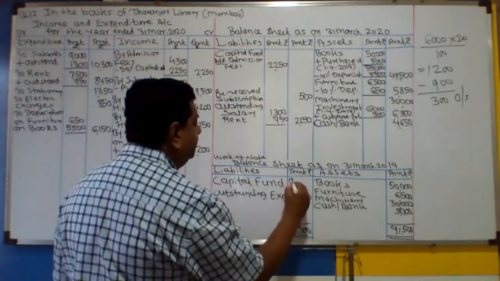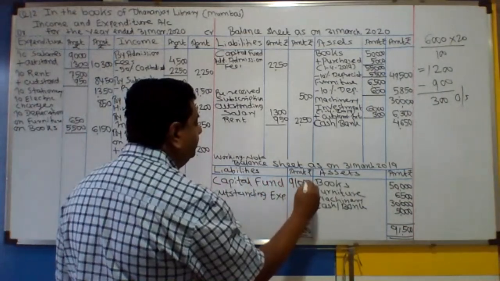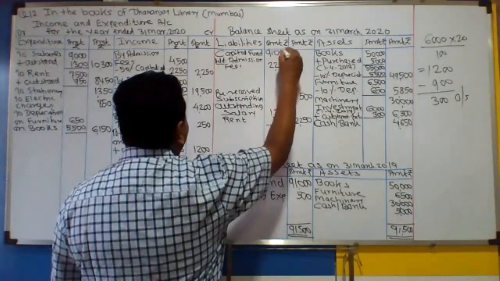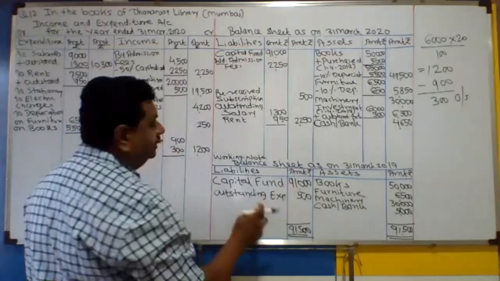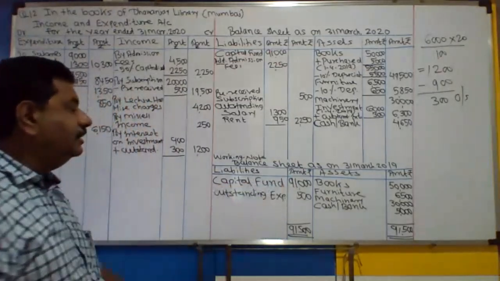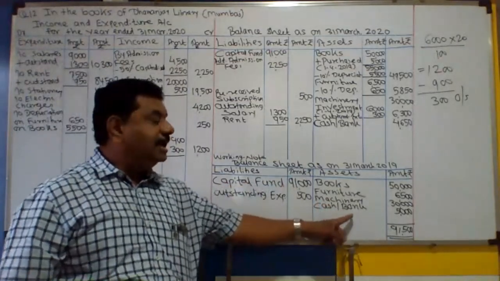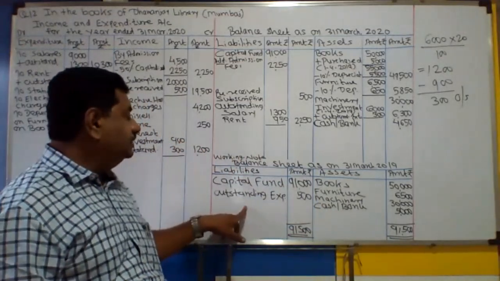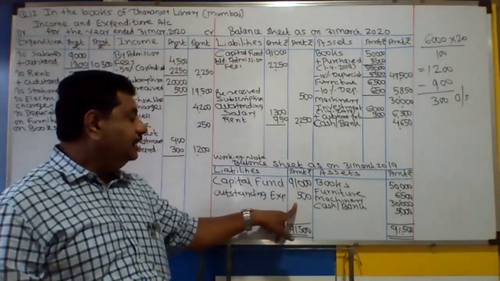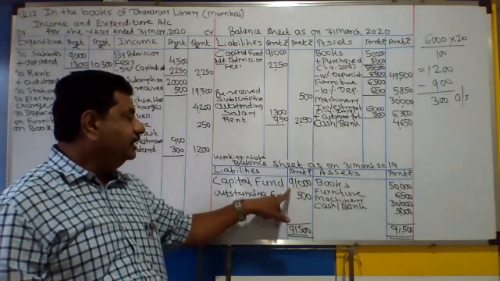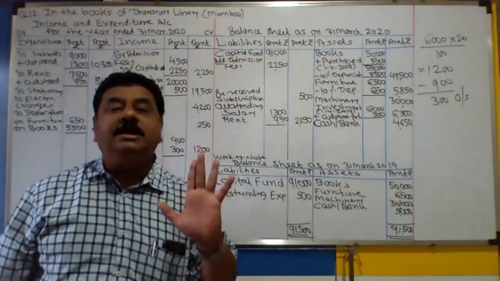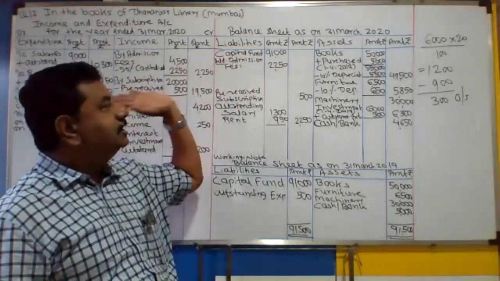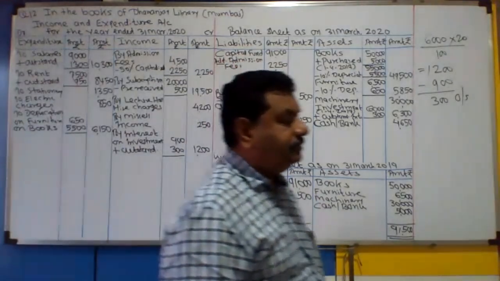And here it is capital fund. So your capital fund comes to 91,000, to be recorded on the current year balance sheet liability side. Total of the last year balance sheet is 91,500. Minus from that liabilities of 500, which I subtracted. You get the capital fund as a net amount of 91,000, which is recorded in the balance sheet liabilities inner column.